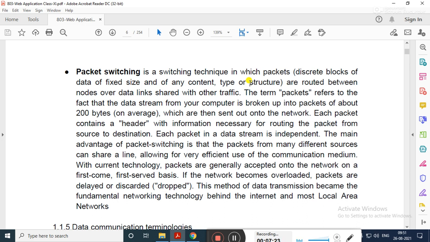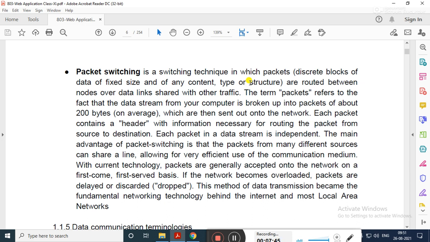What is inside the packet? The information, the data that will be passed. So packet switching is a switching technique in which packets of data of fixed size and of any content or type of structure are routed between nodes over data links shared with other traffic.